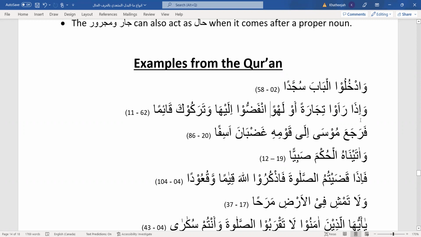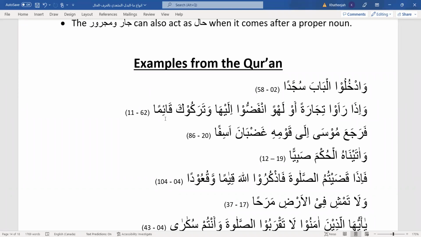In the next example, وَإِذَا رَأَوْا تِجَارَةً أَوْ لَهْوًا انفَضُّوا إِلَيْهَا وَتَرَكُوكَ قَائِمًا. And when they see a trade or amusement, they disperse towards it and they leave you standing. Over here, qaiman is a single word which is used as hal.